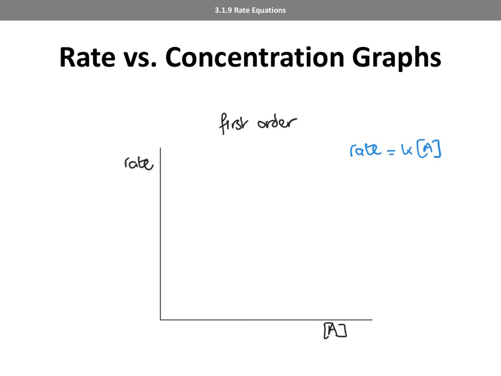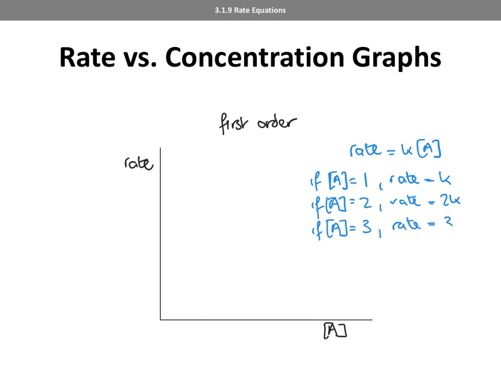A way of thinking about this is to just imagine simple values for the concentration of A. If the concentration of A was 1, then the rate would equal K. If the concentration of A was 2, then the rate would equal 2K. If the concentration of A was 3, the rate would equal 3K, and so on. What I hope becomes clear from this is that if the concentration of A was 0, then the rate would be 0.